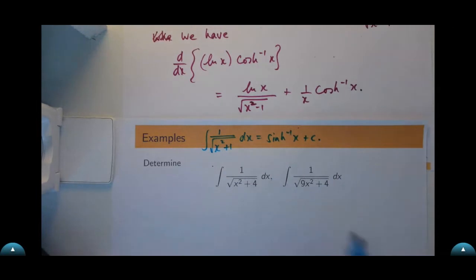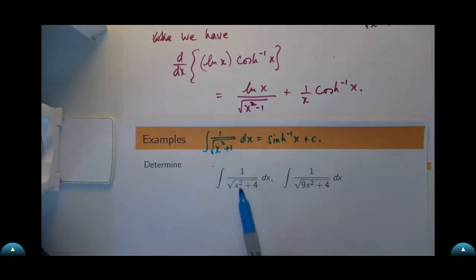Now this form and this form are slightly different, but we can rearrange this to be similar to this. It's just a little bit of algebra that we need to make ourselves aware of.